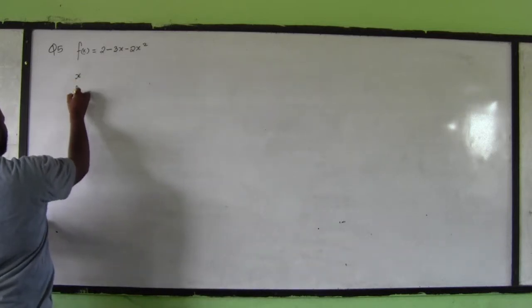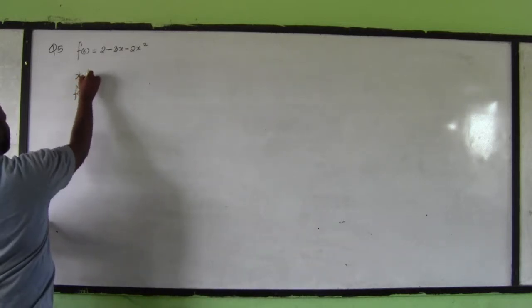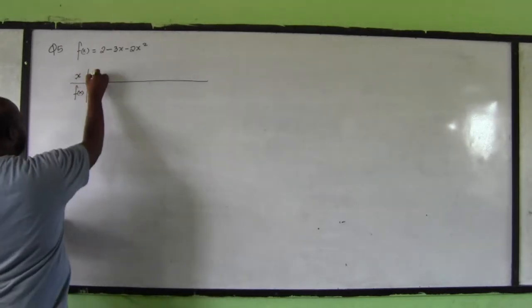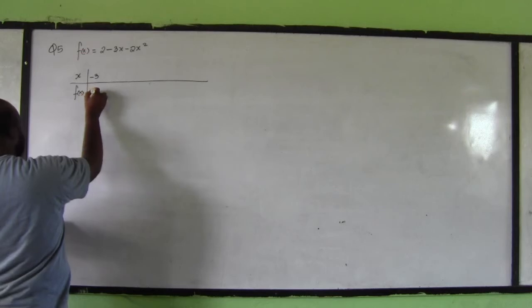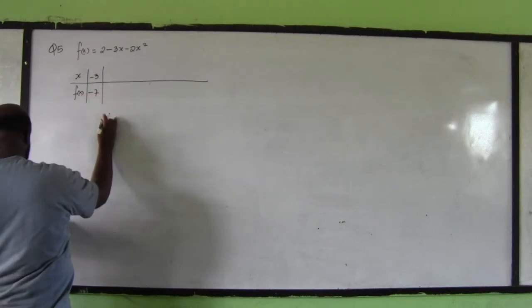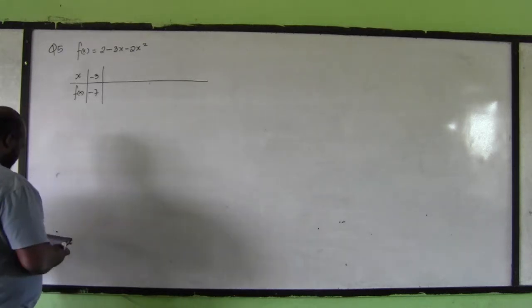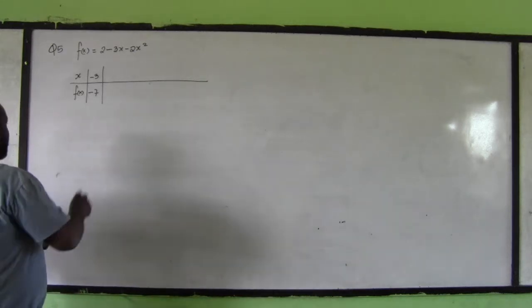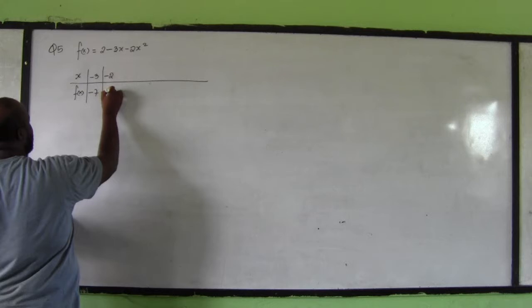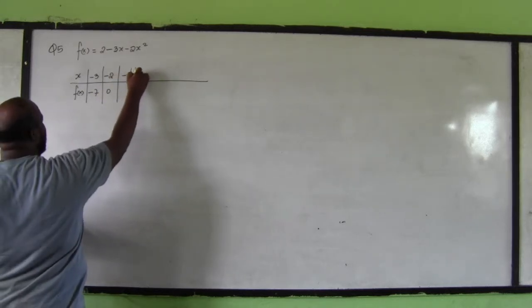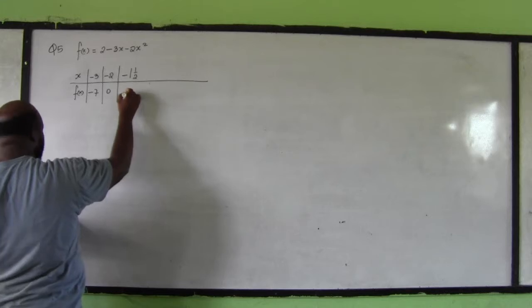We have x and we have f of x. We have minus 3, minus 7. Minus 2, 0. Minus 1.5, 2.